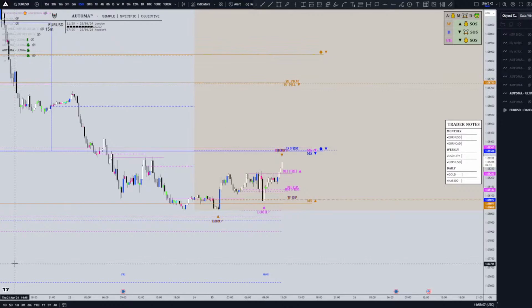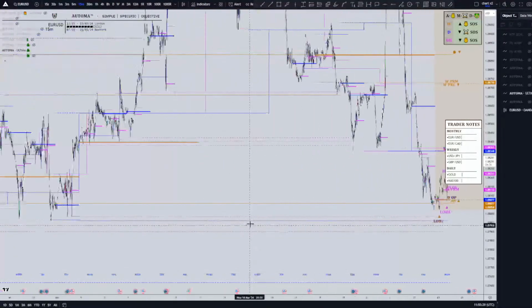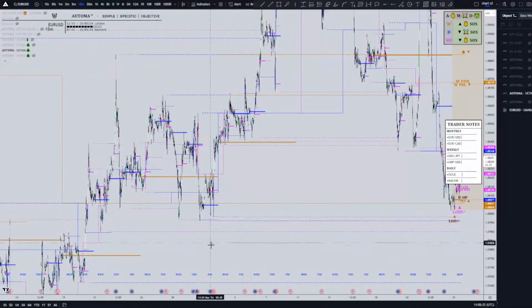But if you mean which liquidity is more important, it's graded by higher time frame, the higher the better, because that's where more liquidity sits. The older the liquidity, the more liquidity. What does older level mean? The higher the time frame, the more liquidity sits. Like this daily level has more liquidity than this 8 hour. It's older.